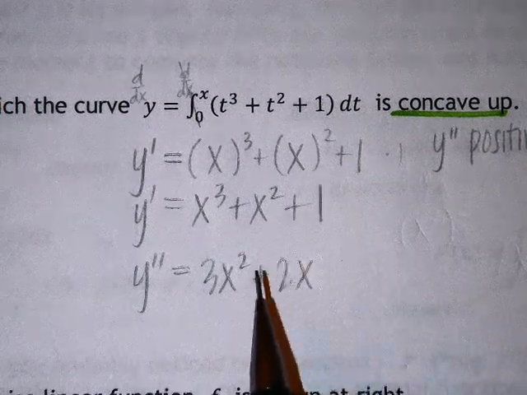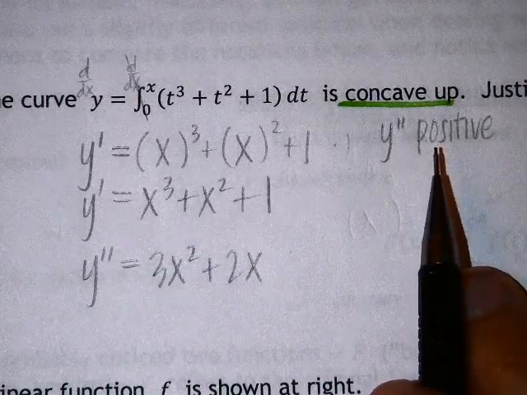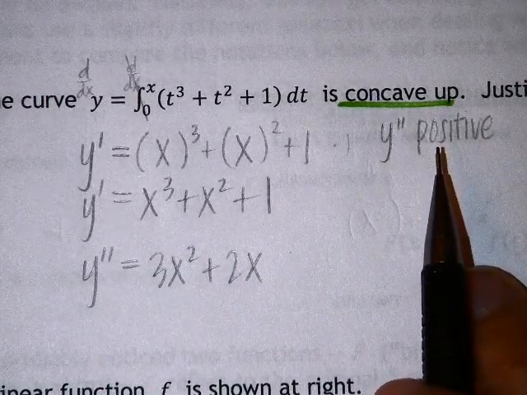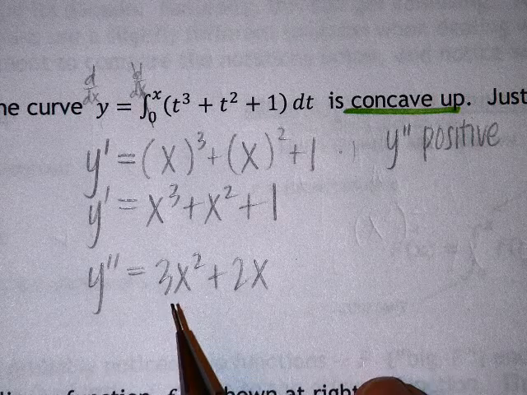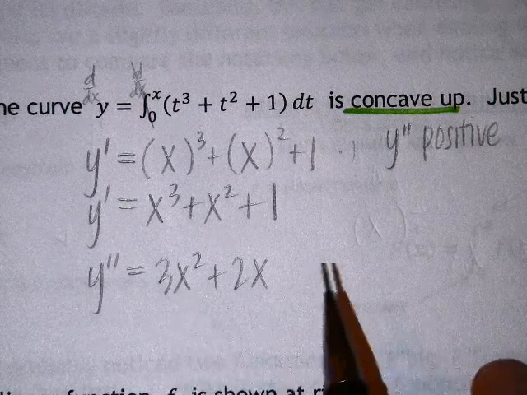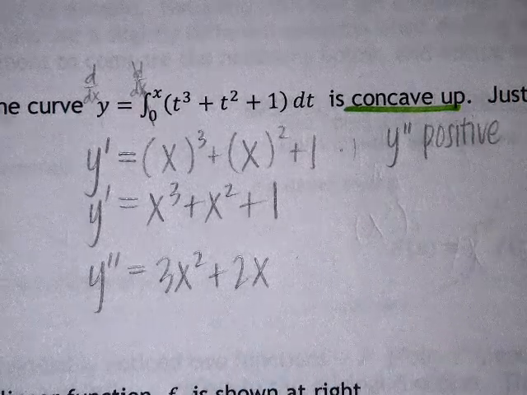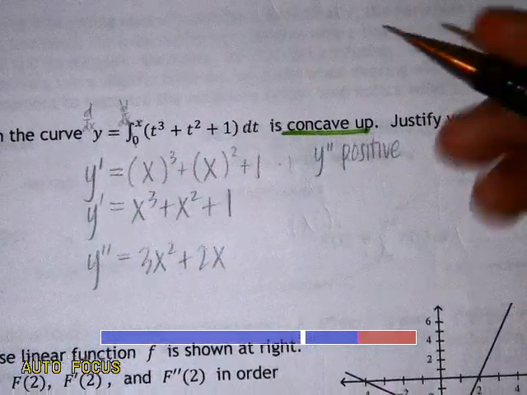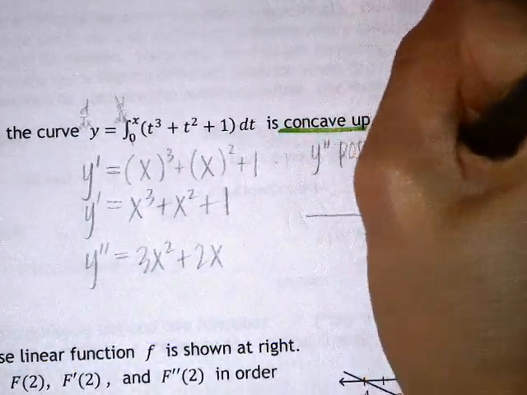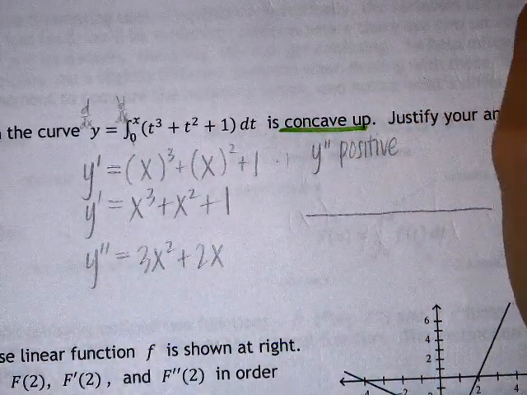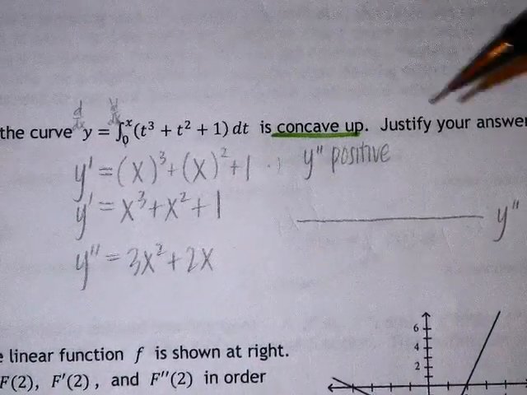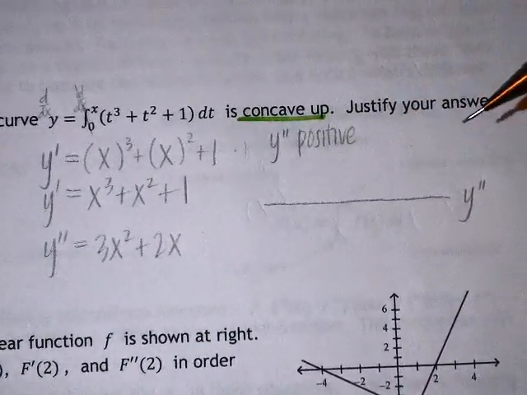Now again, I need to remember y double prime is supposed to come out to be positive. So I need to figure out a line chart for y double prime so I can figure out all the pluses and the minuses that I need. I'm not going to bother with a line chart for y prime because it's not asking me anything about that.